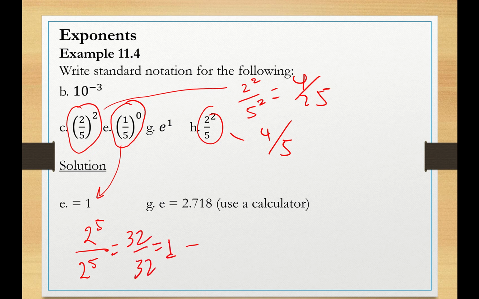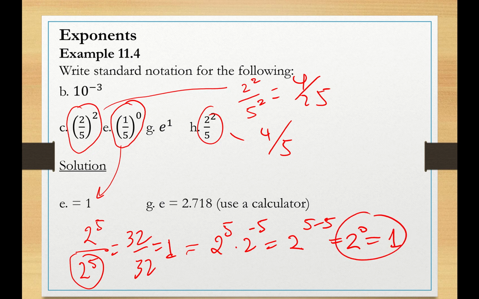And if I use the properties of exponents to solve this ratio, this is going to be 2 to the 5 times 2 to the negative 5. So I make this denominator a numerator, and I invert the sign, I change the sign. And that should be equal to 2 to the 5 minus 5, which is 2 to the 0. And of course, 2 to the 0 is 1. So any number to the 0 exponent is 1.